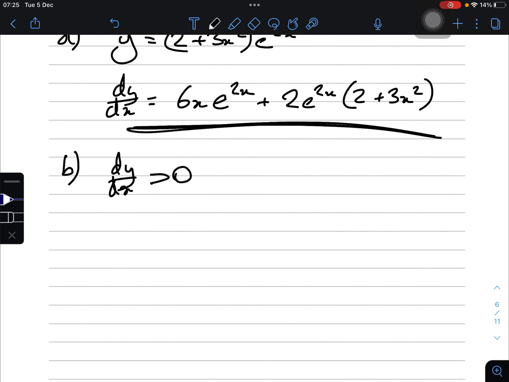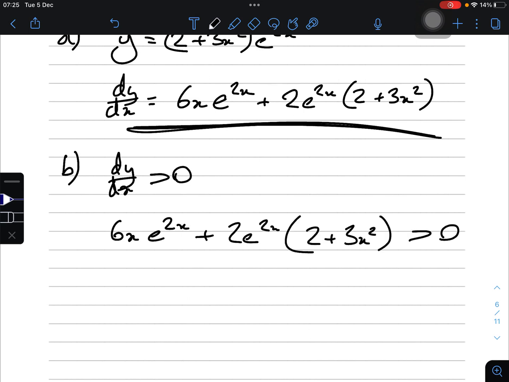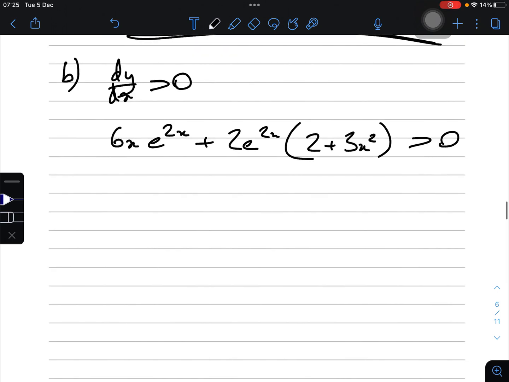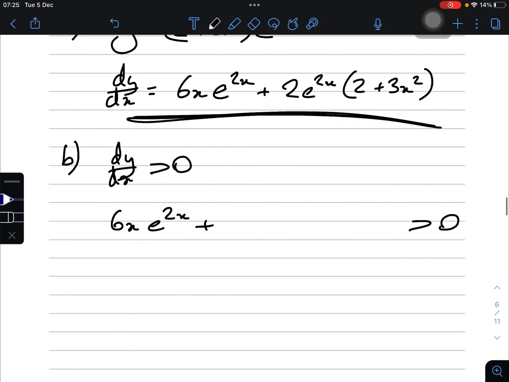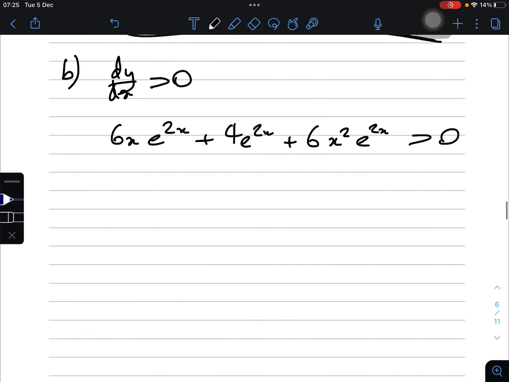So that means that we need 6x e to the 2x plus 2e to the 2x, 2 plus 3x squared greater than 0. Let's actually multiply this out on this line, just to save some space. So 4e to the 2x, and then the other term we're going to get here is 6x squared e to the 2x.